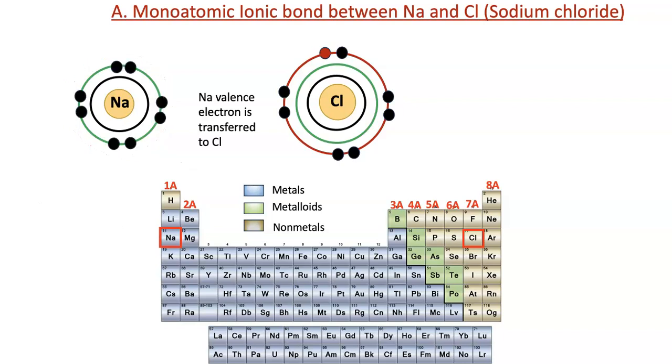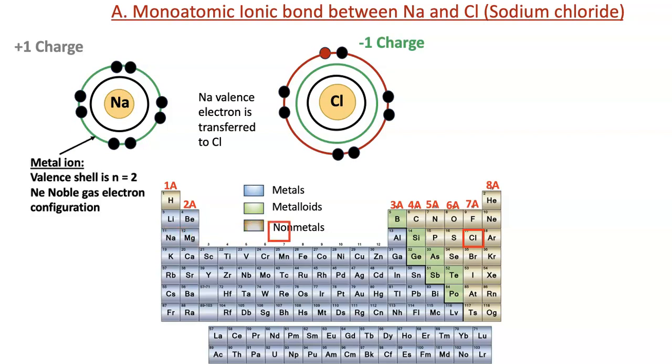So now its last shell is energy level 2, and it has 8 electrons. So it now has a plus charge because it lost an electron, and now one of the protons in the nucleus is no longer neutralized by that electron. So you have a +1 charge.